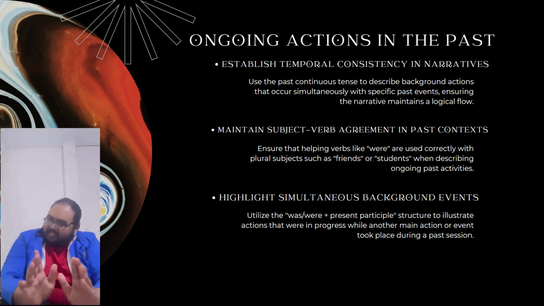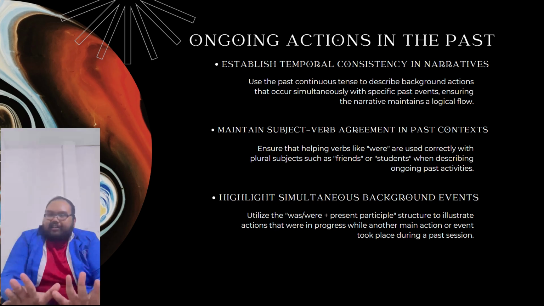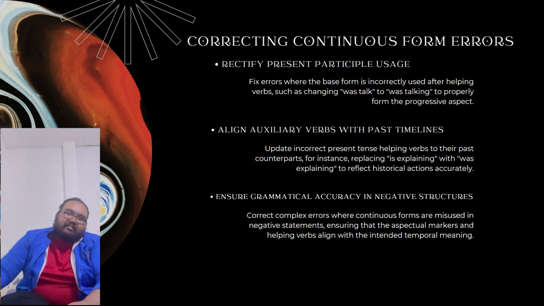Simultaneous background events. Utilize the was or were plus present participle structure to illustrate actions that were in progress while another main action or event took place during a past session.